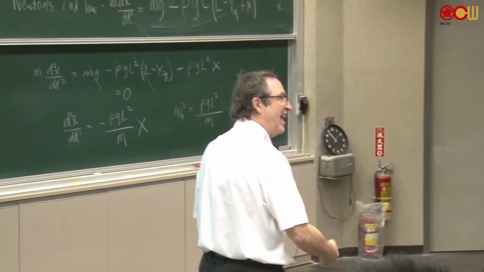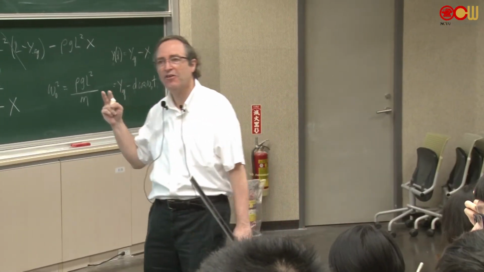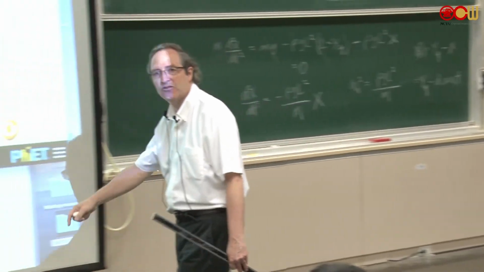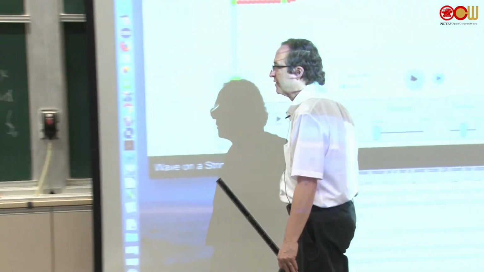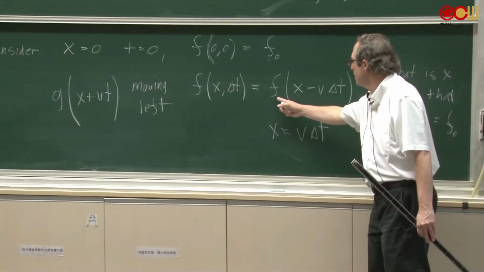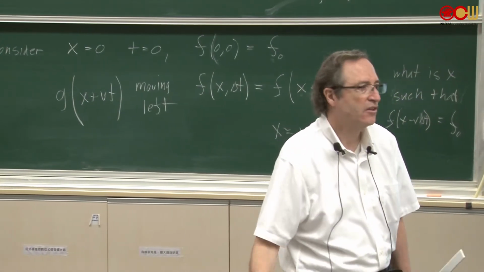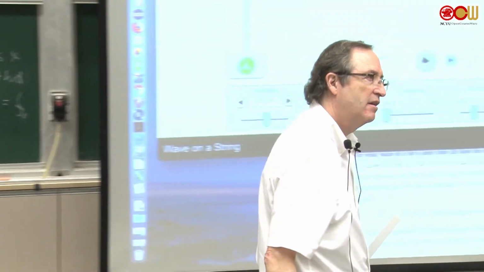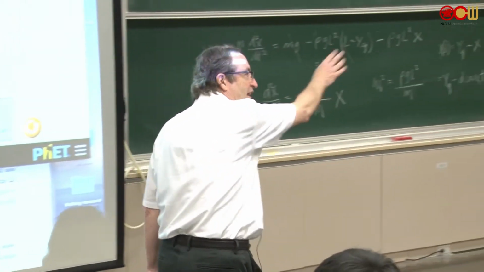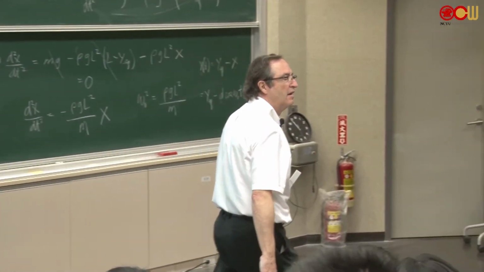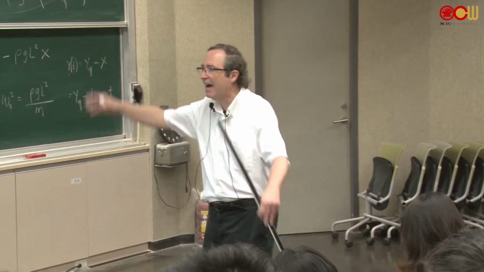Any wave moving to the right can be written this way. Can be just written with f of x minus vt. You can have a pulse moving to the right. You can have an oscillation moving to the right. You can have a Gaussian.